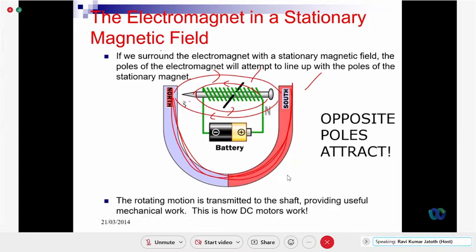Now, if I want to know the direction of movement of this rod, which is connected to the nail, which law should I use? This is how electrical energy is converted into mechanical energy. This is what a motor is.